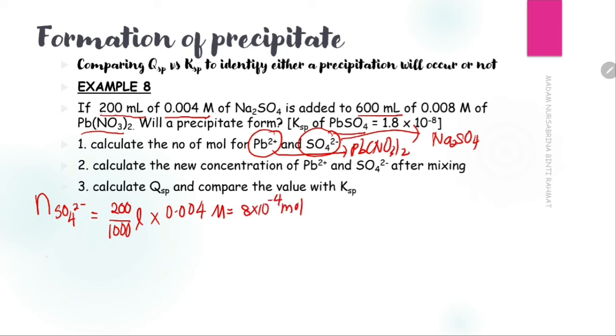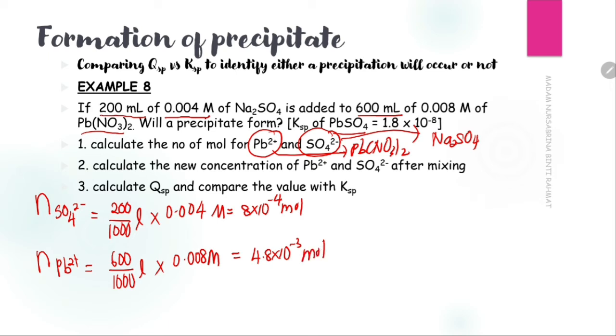For my lead ion, which comes from my lead nitrate, I have 600 milliliters, which we convert into liters, and the concentration of my lead nitrate is 0.008 molar. So our number of moles is 4.8 times 10 to the power of negative 3 mole.